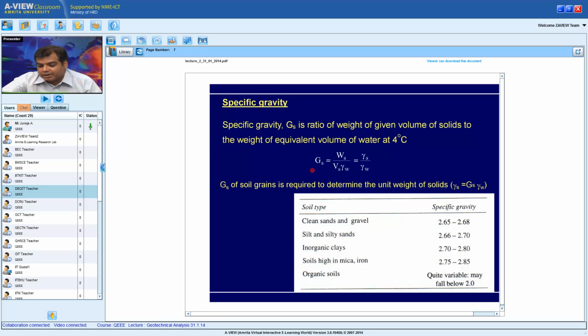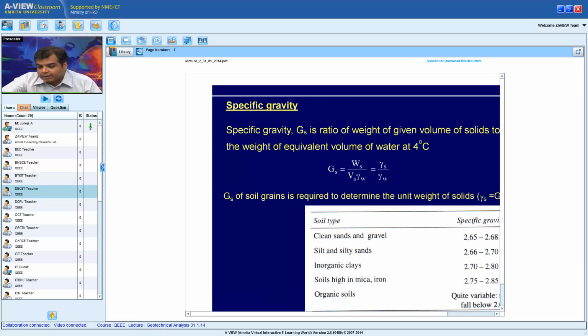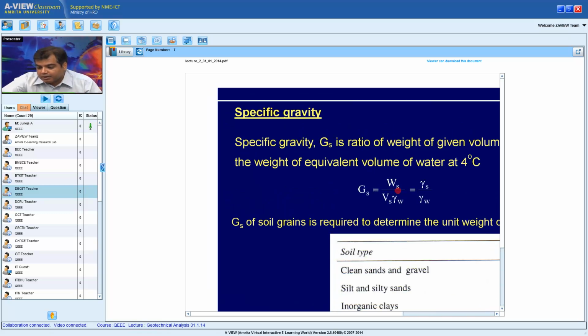So if I want to put it in simple English, specific gravity, let me zoom in please, equals weight of solids in the numerator, and the denominator has the same weight of water which has the same volume as the solids. In other words, the denominator would have the volume of solids, which would henceforth be occupied by the water, times the unit weight of water.